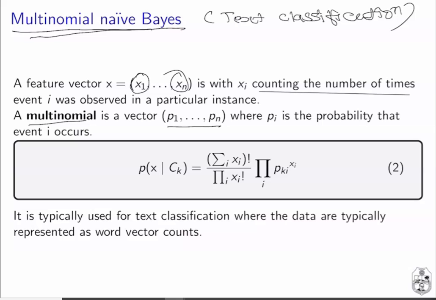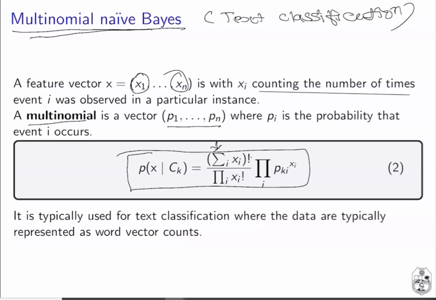If you are assuming this kind of data set, then the likelihood function that you will use is this one. Here this sigma symbol represents the sum of xi for all i, and take its factorial.